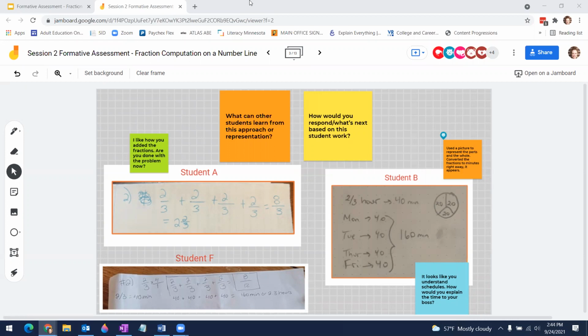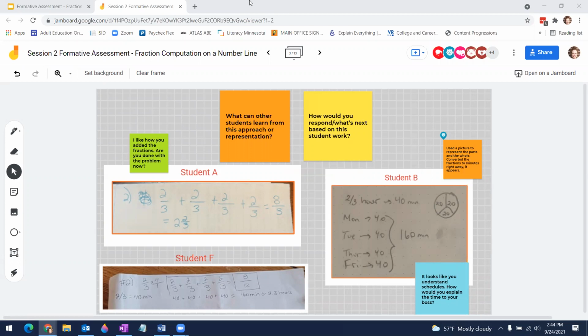This student, if you look at that top, if you think about what we did in the very last session of our keynote, and we talked about proportional reasoning, it looks like student B is understanding that 2/3 of an hour and 40 minutes go together. And so with the work that we can see, maybe they have some proportional reasoning or some multiplicative reasoning happening in their head.